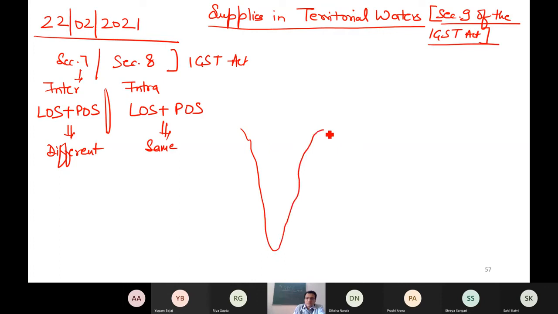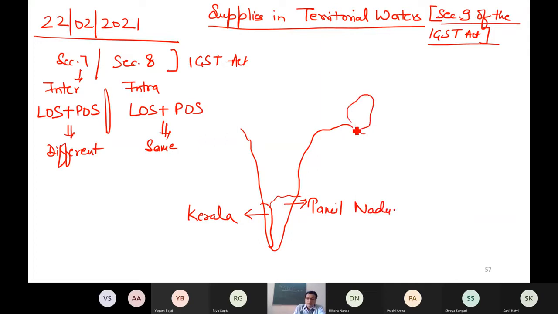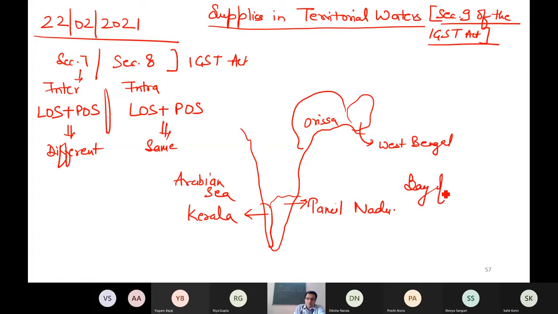Now, what happens when supply happens in territorial waters? For example, it's Kerala, Tamil Nadu, West Bengal, Odisha, and this is the Arabian Sea, Bay of Bengal, Indian Ocean.